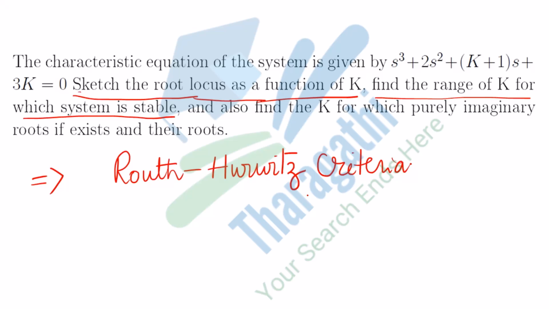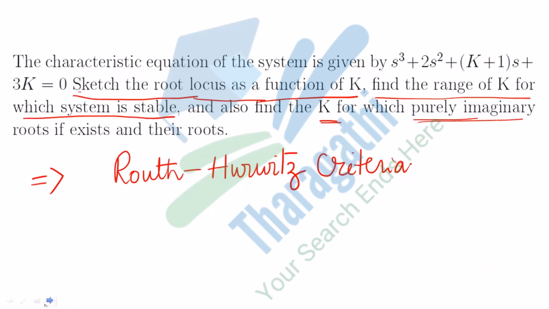So you find the value of k where the roots are purely imaginary, and then you can find those roots. Now let us see how to find the solution for this question.